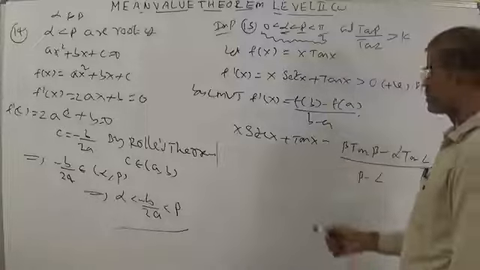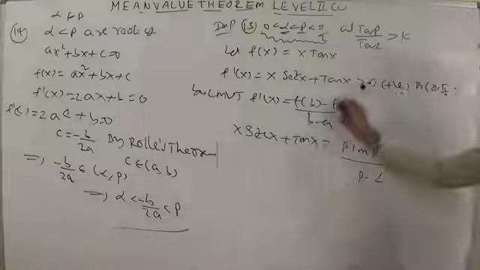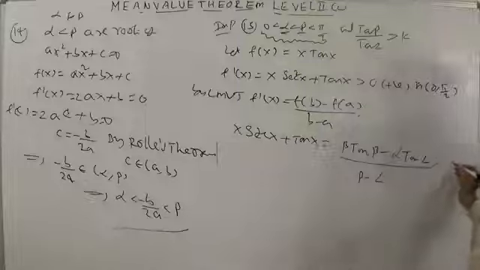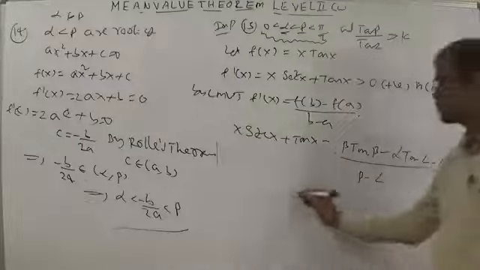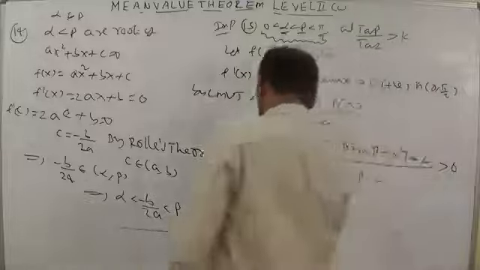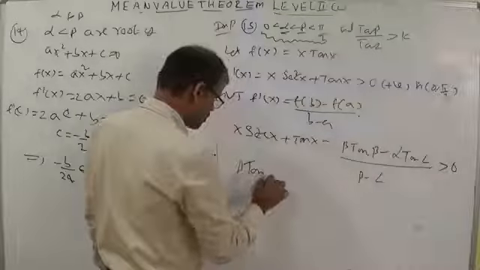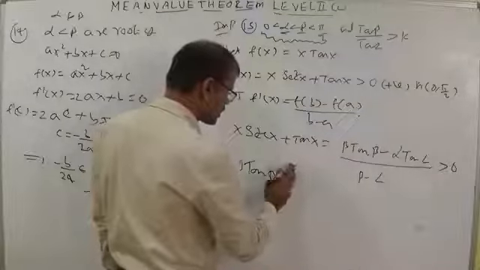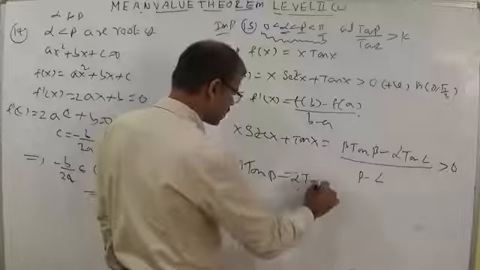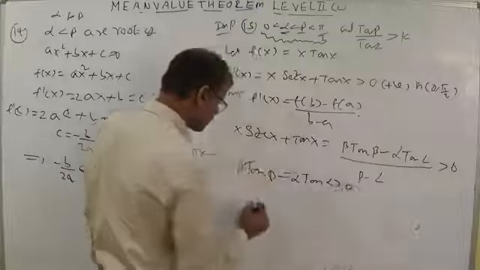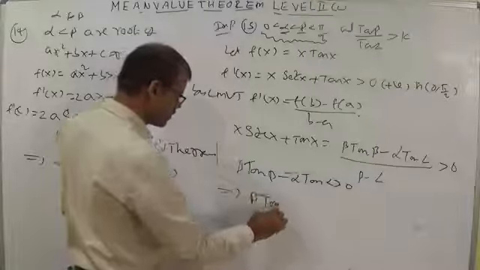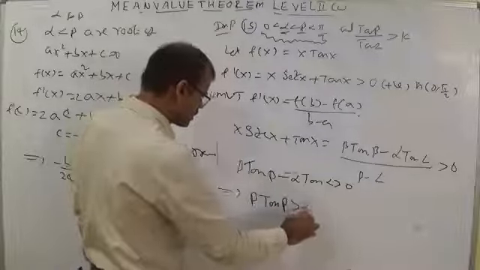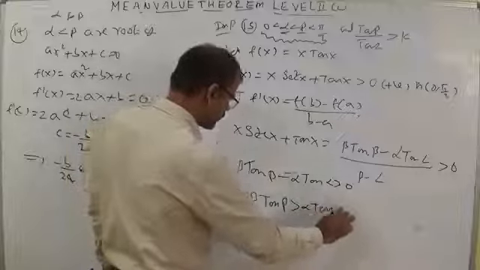Why did I write this? To calculate the positive value. So this total value is positive. Therefore, beta tan beta minus alpha tan alpha is greater than 0. Now try to understand that beta tan beta is greater than alpha tan alpha.